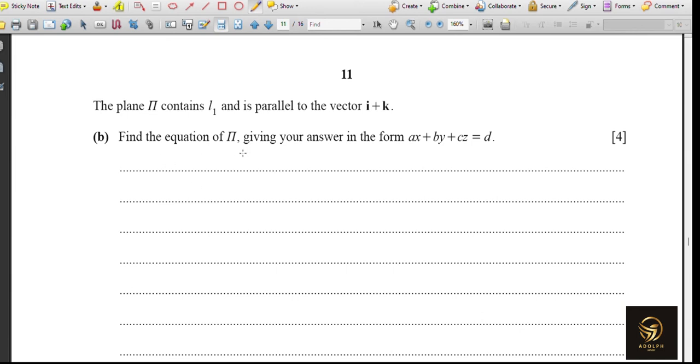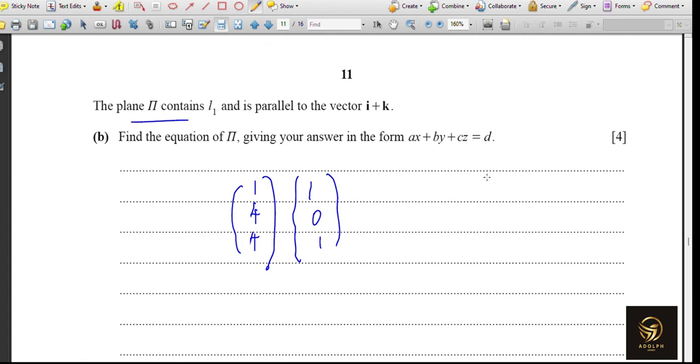Next, the plane pi contains L1 and it is parallel to the vector i plus k. So they are introducing a plane that contains L1. L1 has the direction vector 1, 4, 4. It also has one more vector, because parallel means we can consider that as part of the plane, so we can write that as 1, 0, 1.